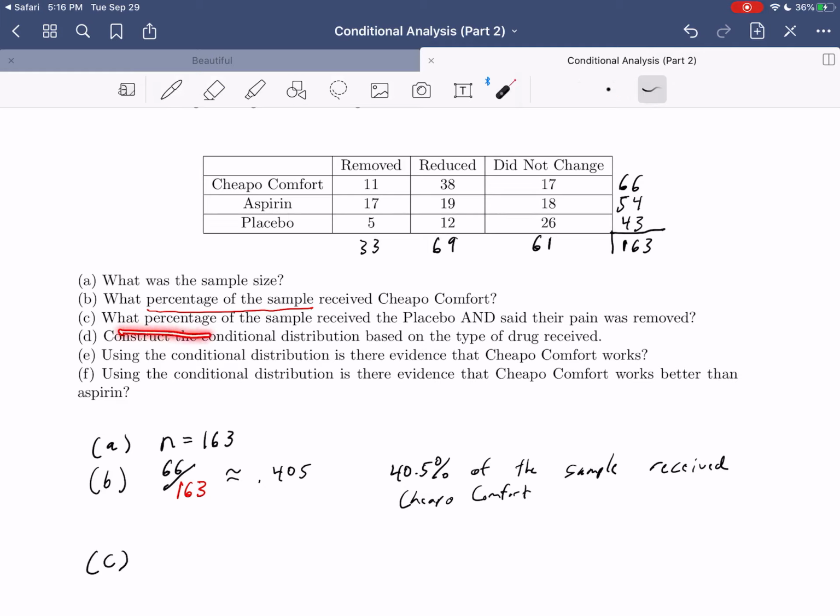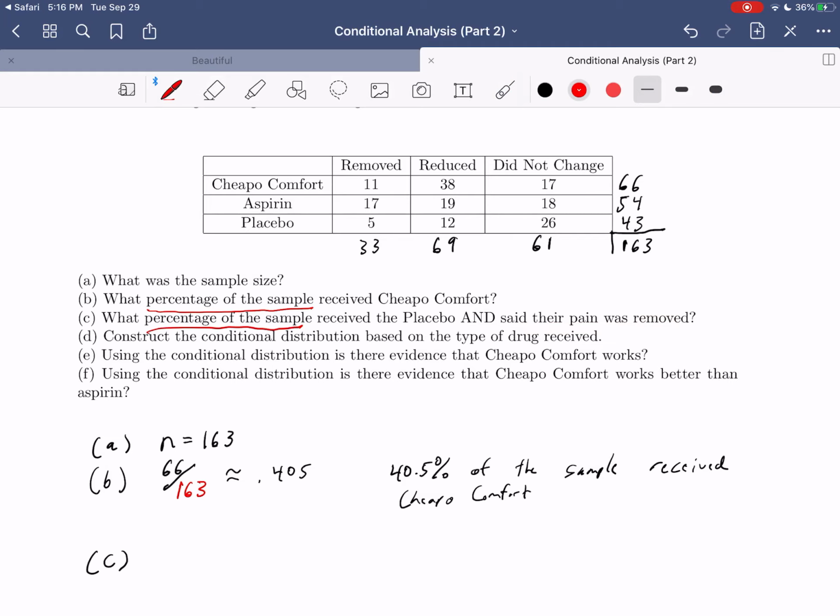We also want what percentage of the sample. So once again, we know we're going to be dividing by the sample size, which is 163. Received the placebo and said that their pain was removed. Now, "and" mathematically means that they have to have both of these traits. So they need to have received the placebo and they need to say that their pain was removed.